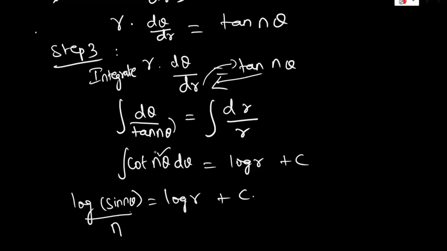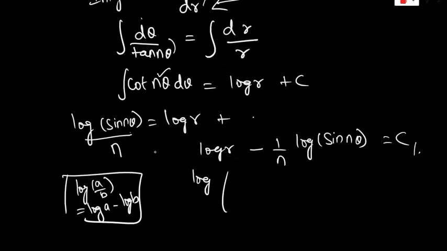Now, if you see here, you can write it as log r minus 1 by n into log of sine n theta. And this constant c, if I take it to the other side, I can write it as c1, so minus c is c1. It's our wish, we can add the constant to any side.